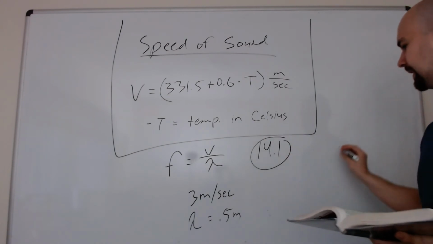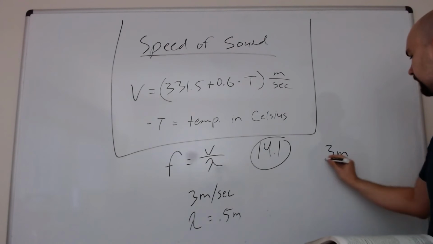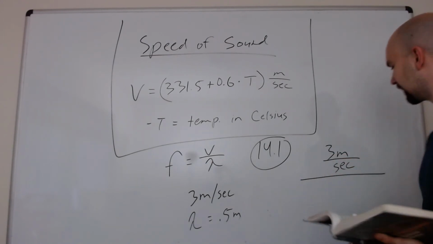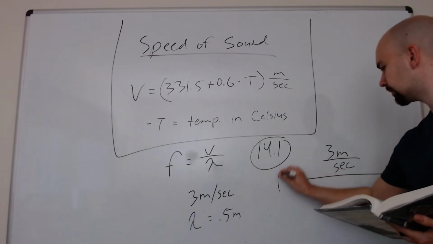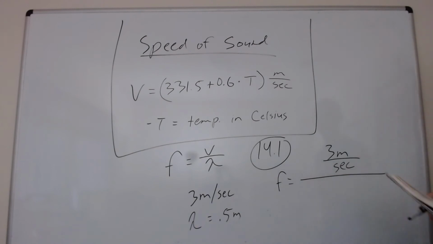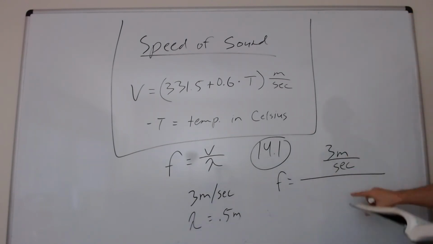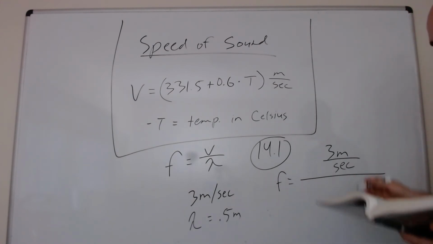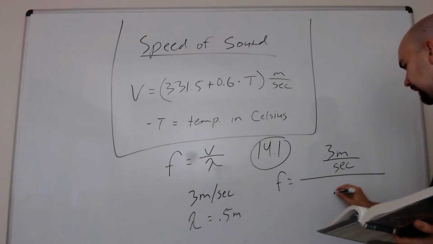So the velocity is 3 meters per second. It's a big, as I call it in my algebra class, Taco Bell fraction. It's kind of like a taco stuffed into a gordita, stuffed into a chalupa or whatever. It's like a 4-layer fraction. And then in the denominator, we have 0.5 meters, which is the wavelength.